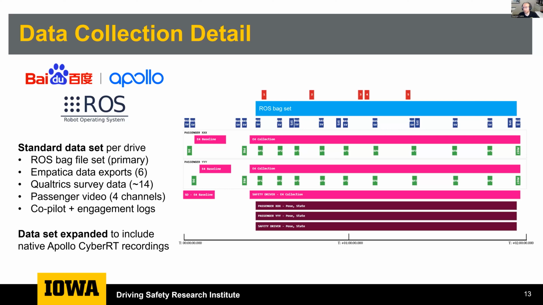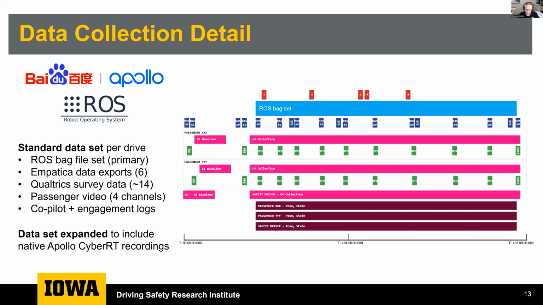This graphic that you're seeing here gives a visualization of what a standard data set for a given drive's recording looks like. Working from the top, the red that you see would be co-pilot markers. Below that, the light blue would be the main ROS and Apollo recordings, which include automation, health and performance, as well as the majority of the vehicle telemetry.